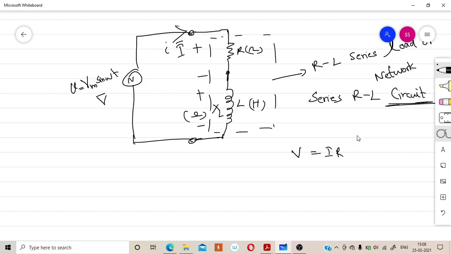I am representing the voltage drop across the resistor as VR, and across the pure inductor as VL. VR and VL are actually instantaneous representations. So we have this VR phasor and VL phasor.